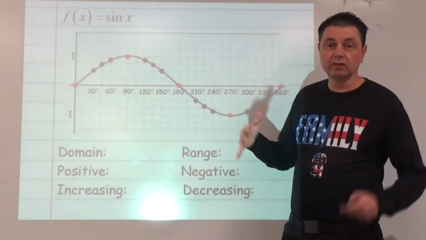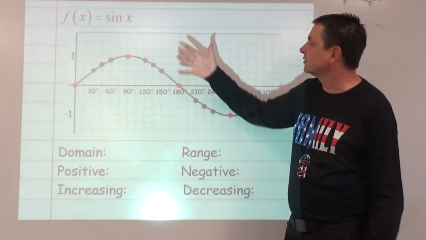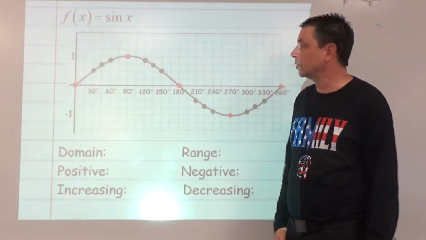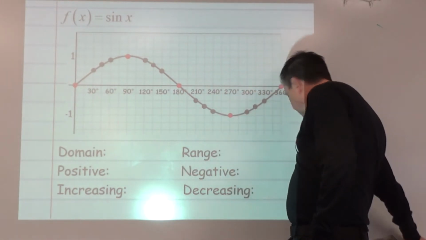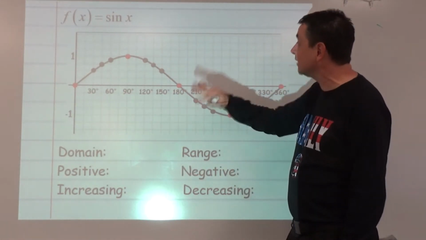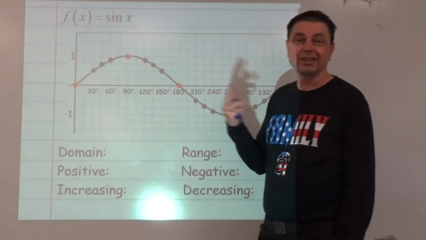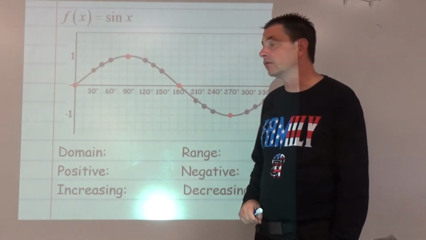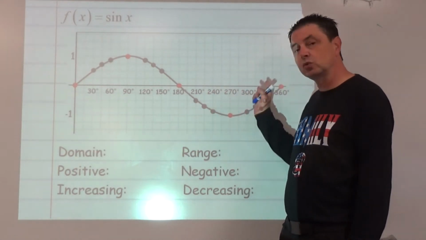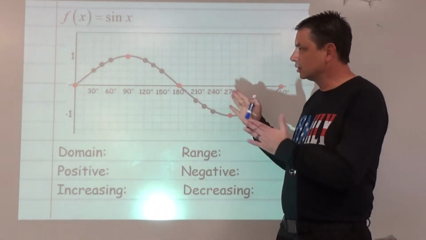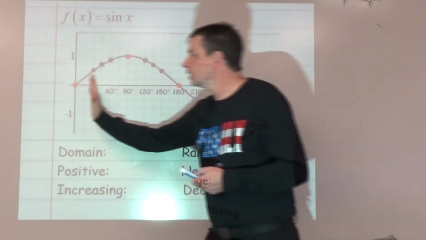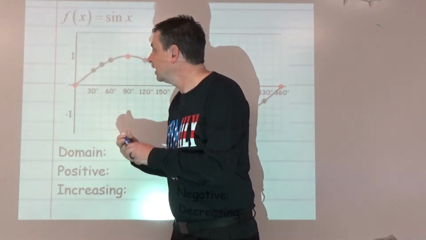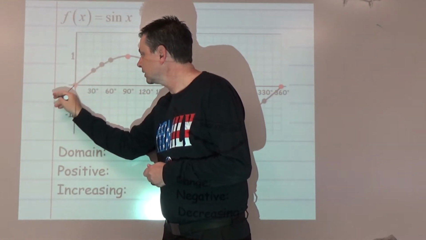So before we move on to other sine graphs that we might need to do some transformations on, let's get to some of the basics about the sine function, some of the things that we've discussed in relation to other functions as well. Now, we did say this is one full period. We just looked between 0 and 360 degrees, but we've seen in other places that we can go negative. The graph continues.